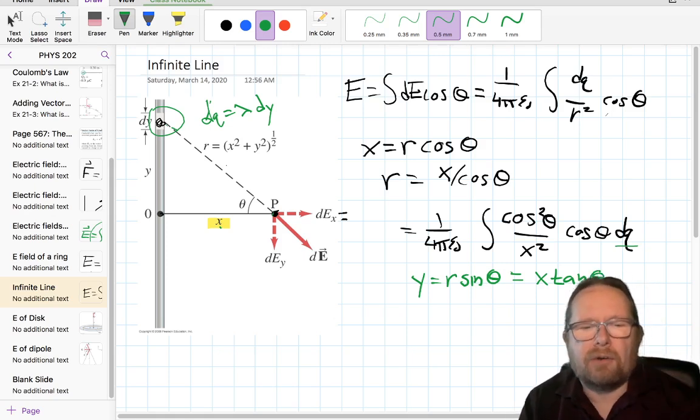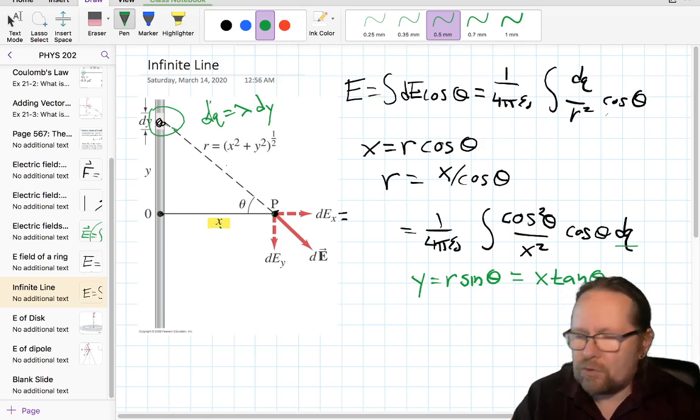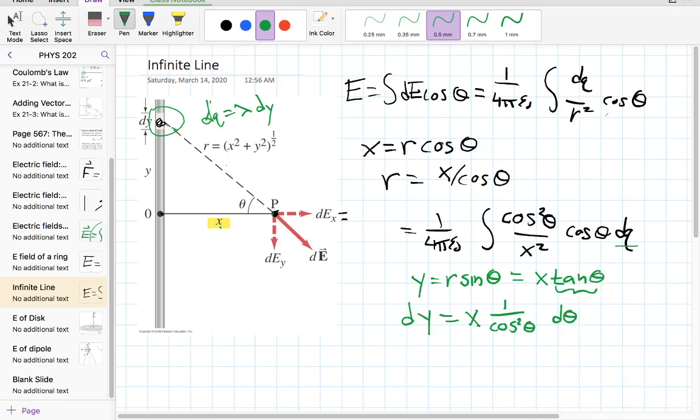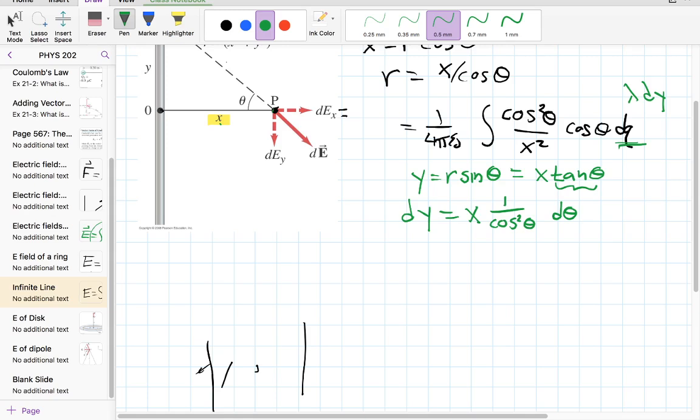You can think of this as sort of an integration by substitution, and you really only know what the right substitution is to make just from doing this kind of problem a lot. So if y is equal to x tangent theta, then dy is equal to x times d tangent theta. Derivative of tangent is secant squared, so that's 1 over cosine squared theta d theta. Okay? So this dq, which is lambda dy, we can now write in terms of that.